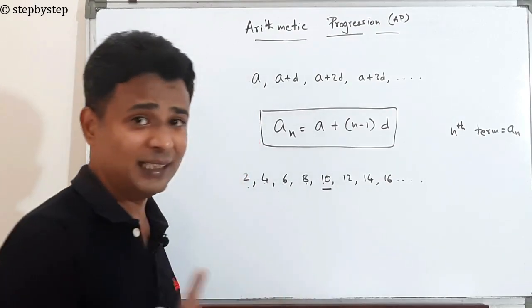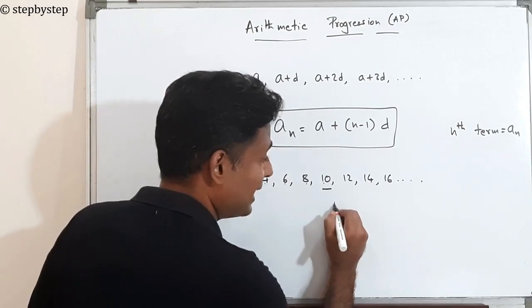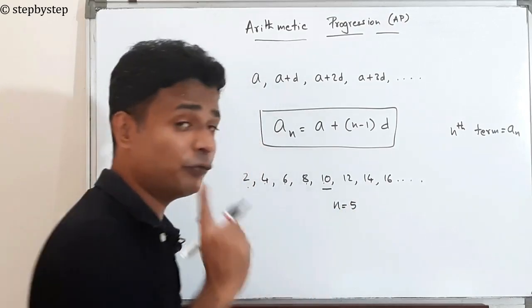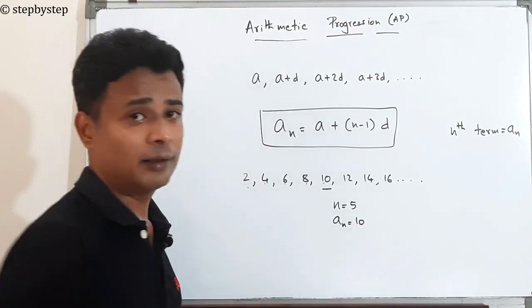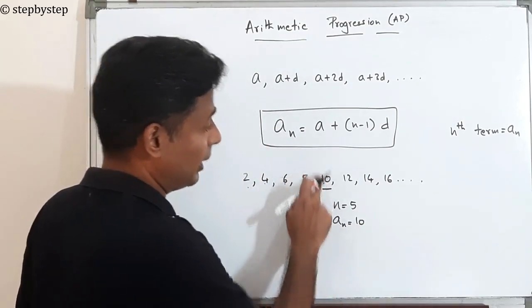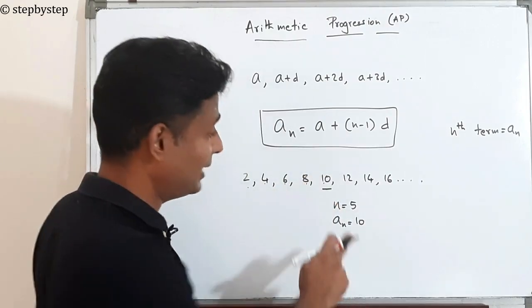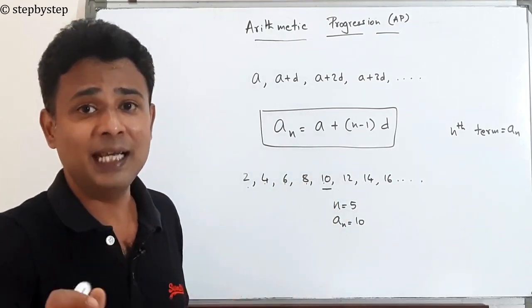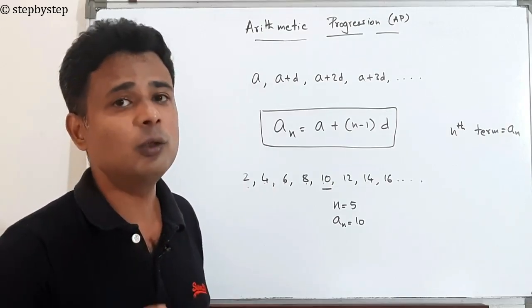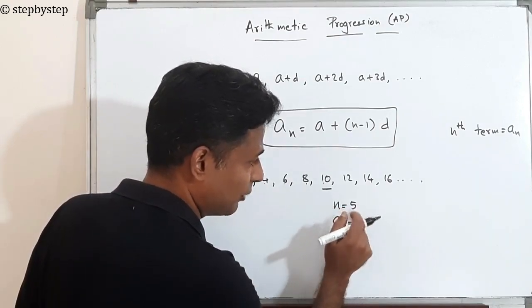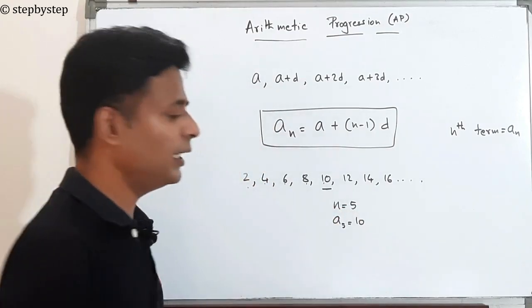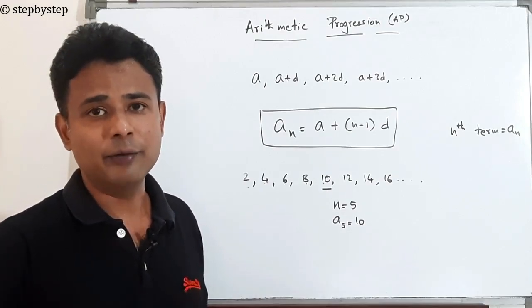The fifth term is 10, which means n is 5, the fifth term, and a_n is 10, right? a_n denotes the number in the AP, whereas n tells you in which place it is. This you need to understand very clearly. So since it's the fifth term, it will be denoted by a_5.